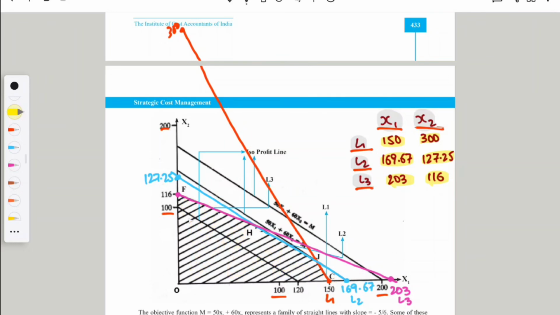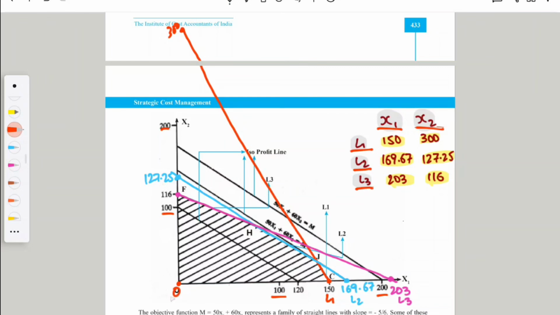For line number 3, all of this area is going to be the region. So if you observe correctly, the shaded area that is given in our textbook is nothing but the feasible region, which was satisfying all the constraints simultaneously.